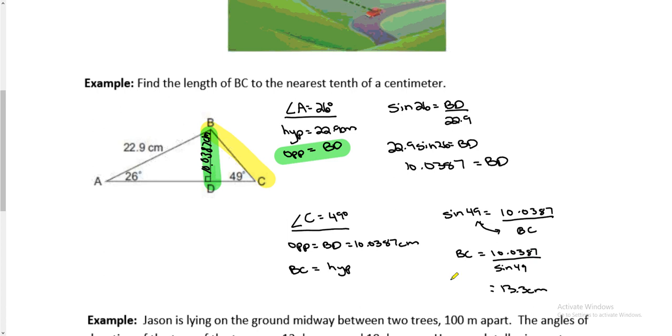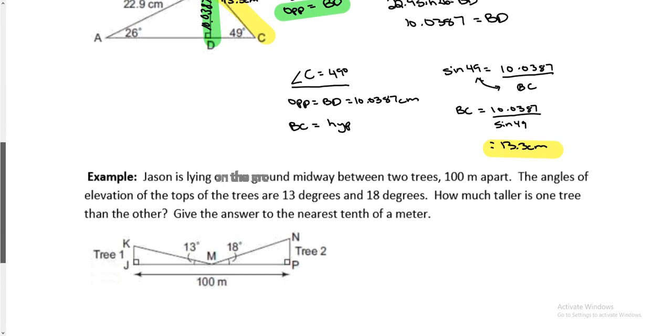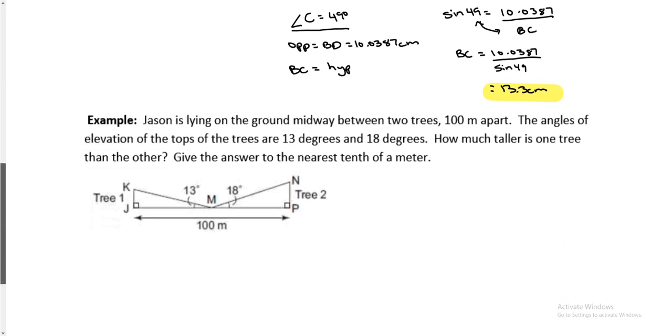And that tells us this guy. Whoops. That wasn't the color I wanted. That tells us here, which means that we've answered the question. You can label it in here if you need to. And if you got like 13.2 or 13.1, that's fine, because I can see where your accuracy rounding errors are.